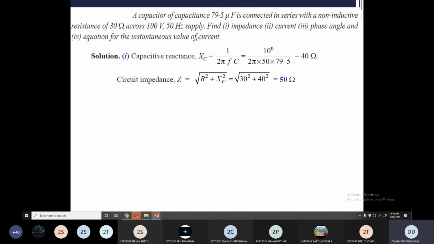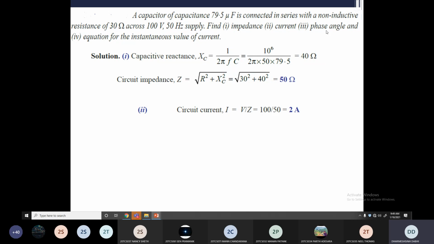So I is equal to V by Z. Yes, it is 2 ampere. Circuit current I is V by impedance Z, so 100 by 50, 2 ampere.